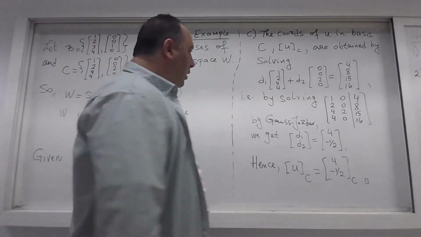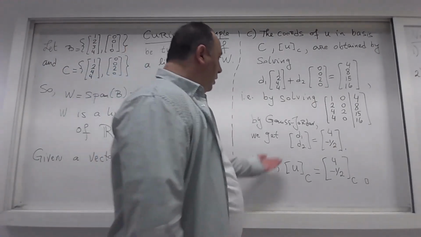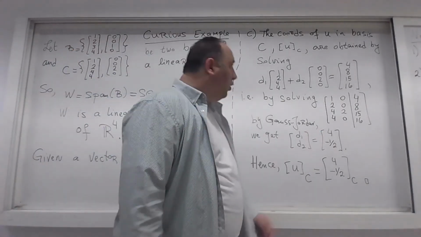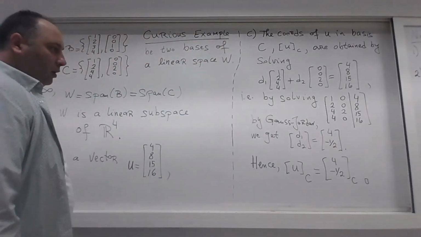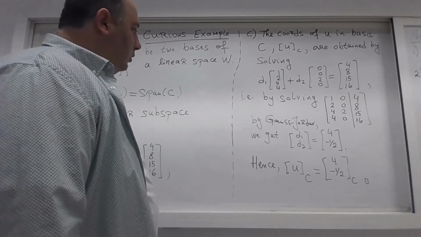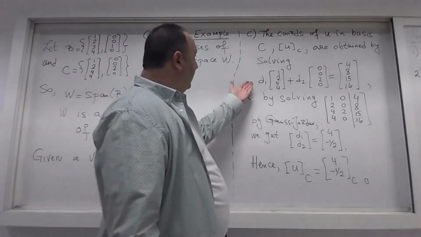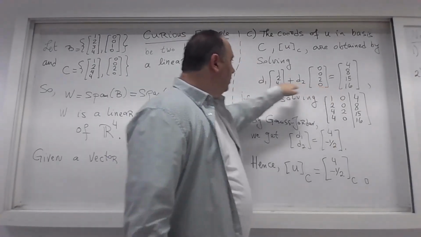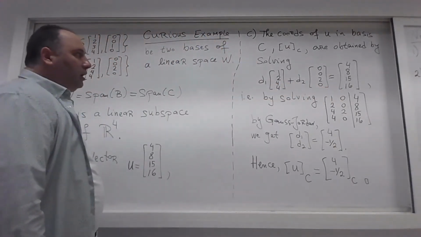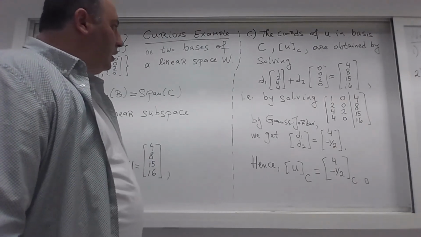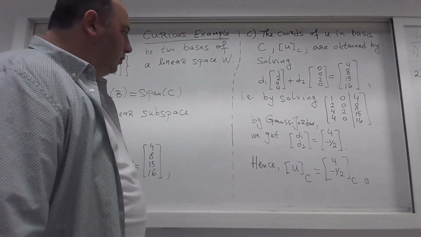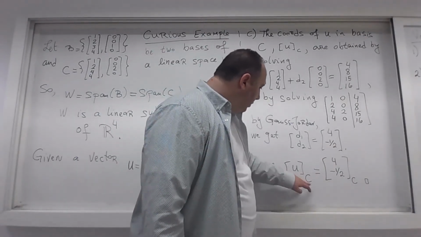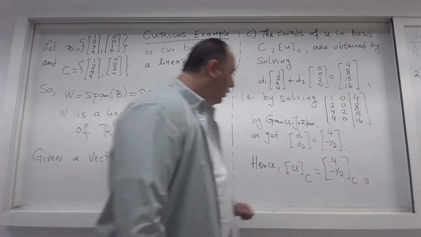So once we finish solving, we get something like this. The solution d1 and d2 are 4 and negative 1 over 2. So at the same time, we know that our vector is the linear combination of basis vectors in basis C, obviously, and the coordinates of our vector in basis C are 4 and negative 1 over 2.